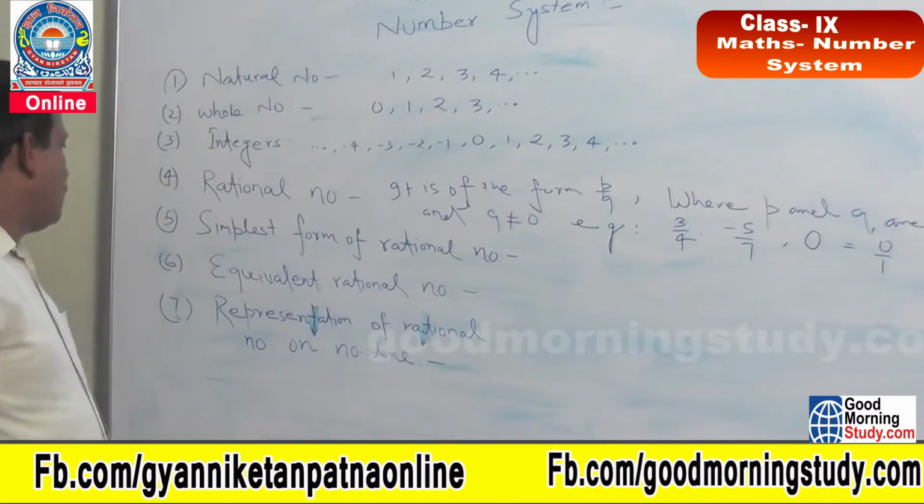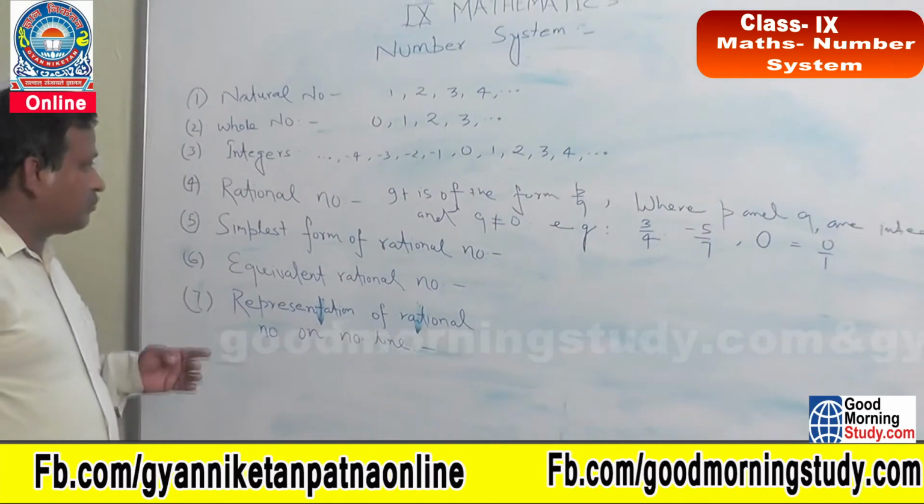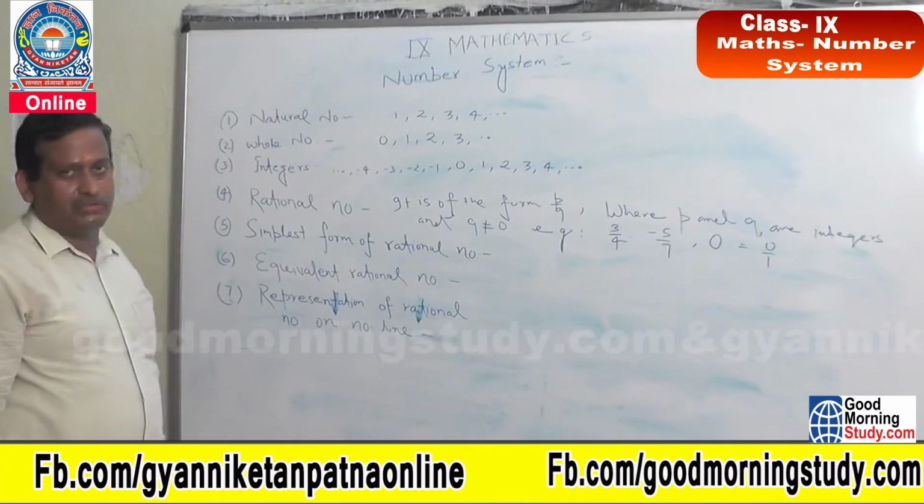After that, children, one more term I am explaining to you. This is very important: the simplest form of a rational number.